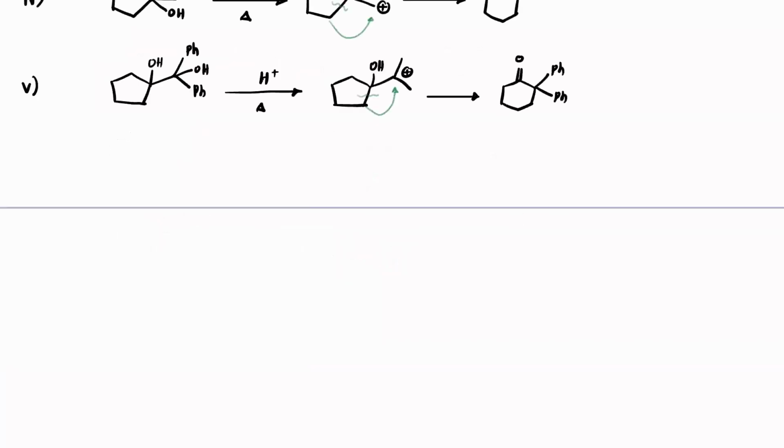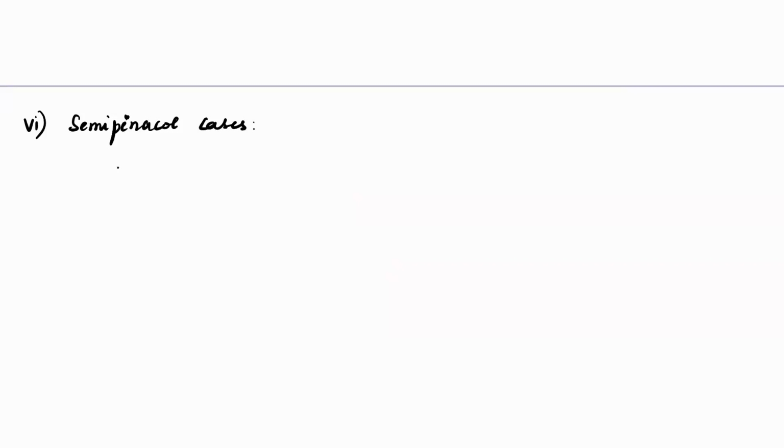Now these are semi-pinacolone cases, which means instead of directly having two OH groups, it might be one OH, one chlorine, phenyl, methyl, ethyl, methyl. Let's say this example. And instead of using concentrated H2SO4, we can use AgNO3.